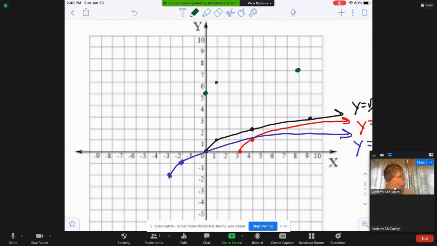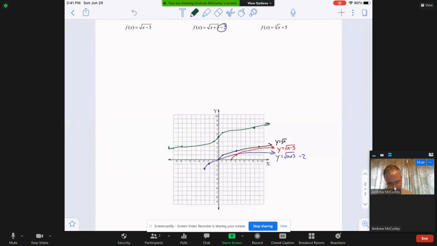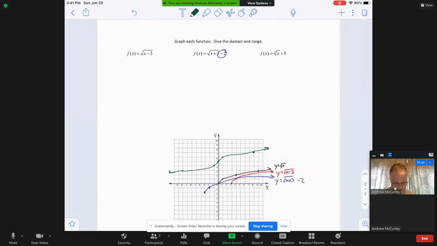But then, because it's an odd root, it can go in both directions. So it's going to look kind of like a radical on top of a radical. It's going to do something like that. I didn't draw that particularly well, to be honest with you, but I'm kind of bad at drawing.